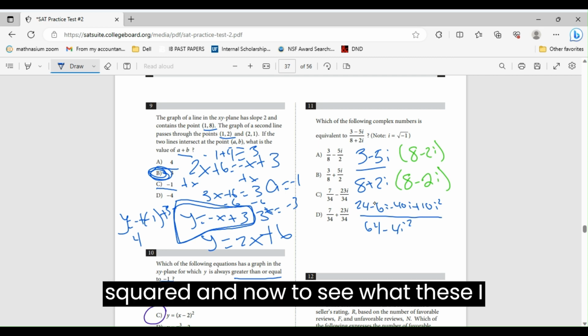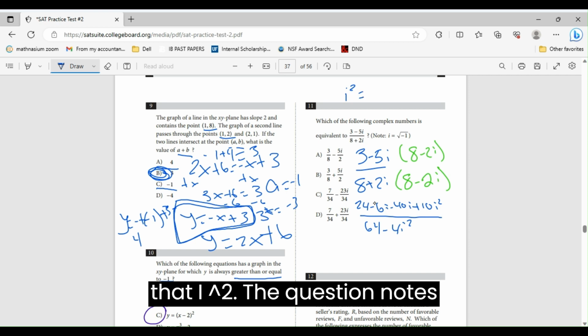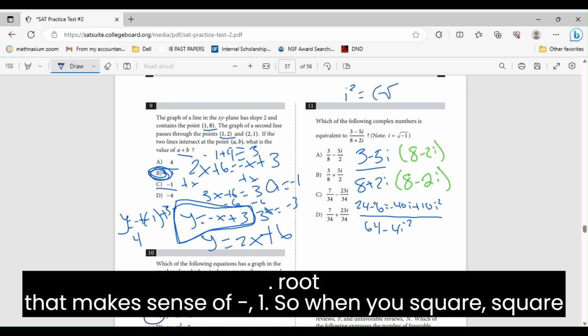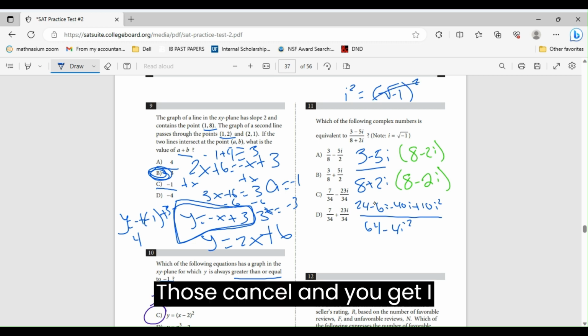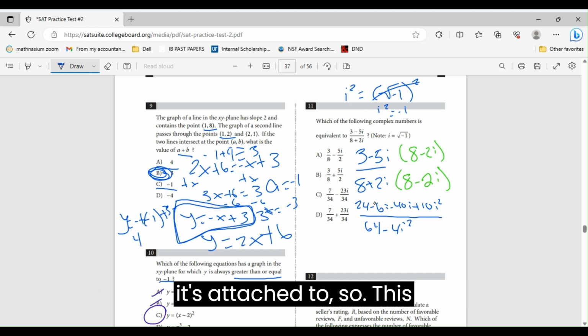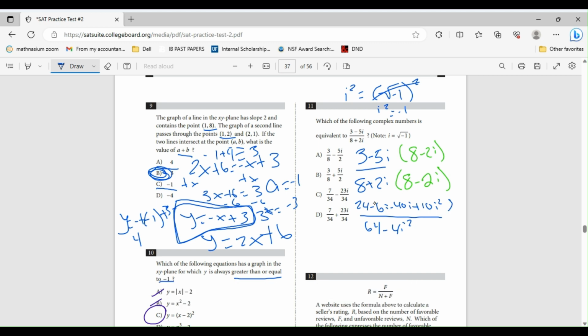And now to see what these i squared will do, the question notes that i equals the square root of negative 1. So i squared then means it's the square of the square root of negative 1. When you square, those cancel and you get i squared equals negative 1. So it changes the sign of whatever number it's attached to. So this 10i squared will become a minus 10.